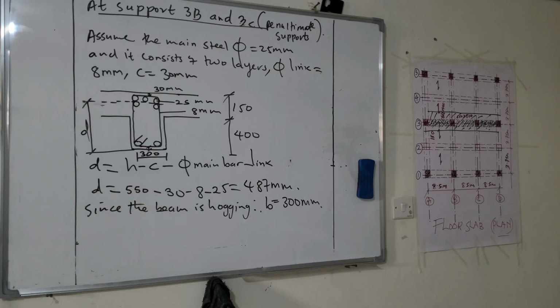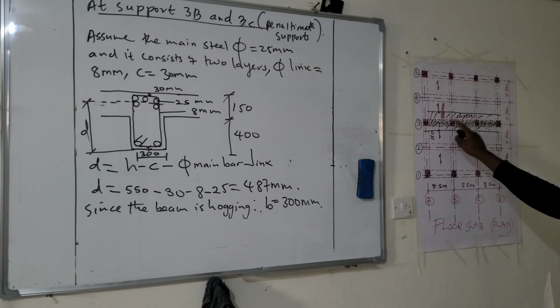Remember this one, in the introduction to design of continuous L and T beam, we said that at the support of continuous member, due to the moment reversal, is the negative moment which is experienced at the interior supports. So this is the negative moment.